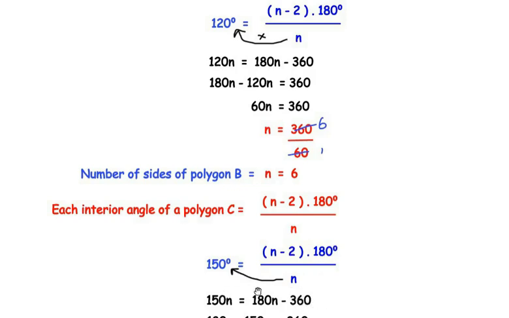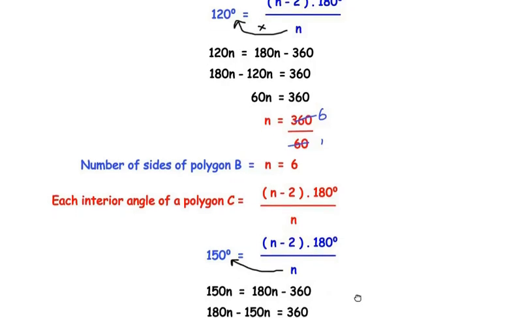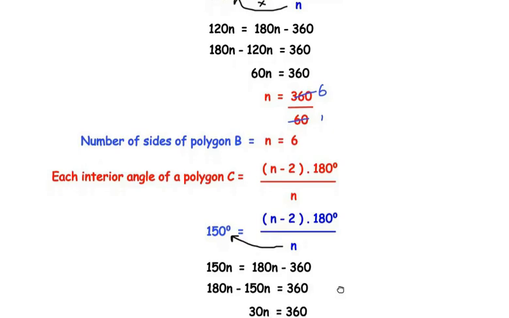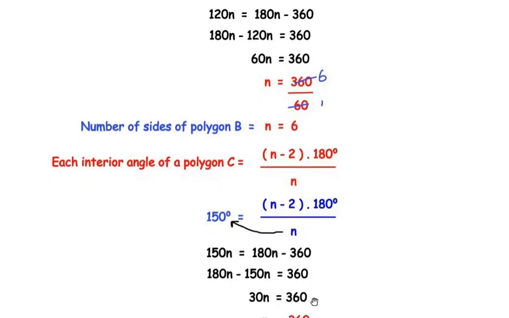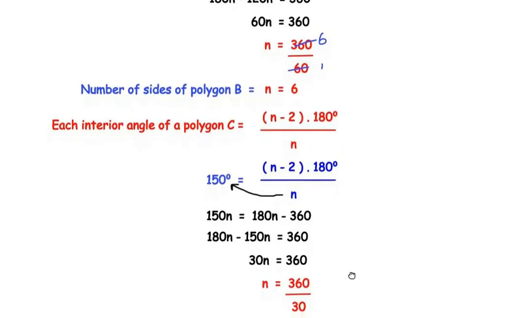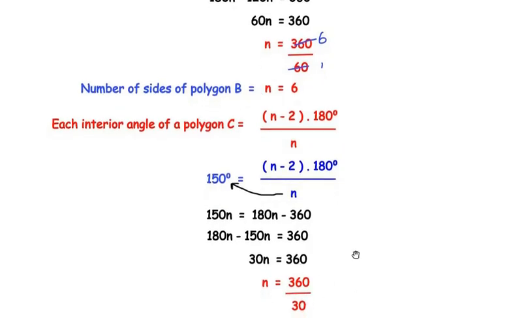Now again exchanging places of minus 360 and 150n, we get 180n minus 150n is equal to 360. Now 180 minus 150 gives us 30n is equal to 360. Now dividing both the sides by 30, we get n is equal to 360 over 30. Now 30 one times is 30 and 30 12 times is 360.